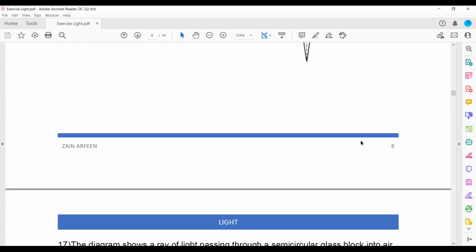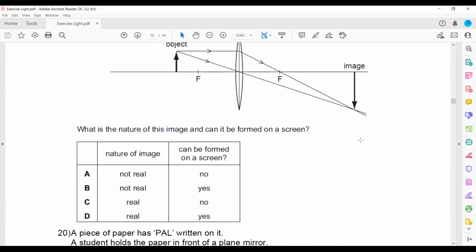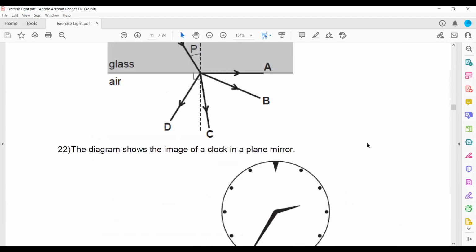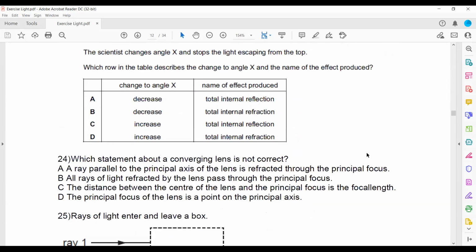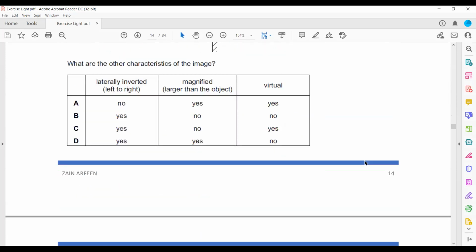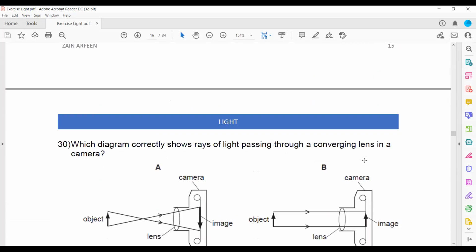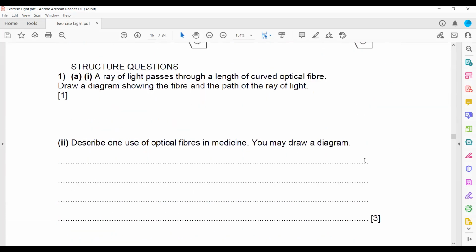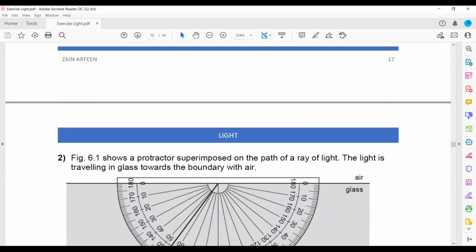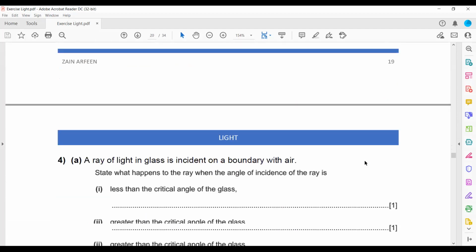Mainly we discussed the MCQs, so this session we'll discuss the structure questions related to the lens.